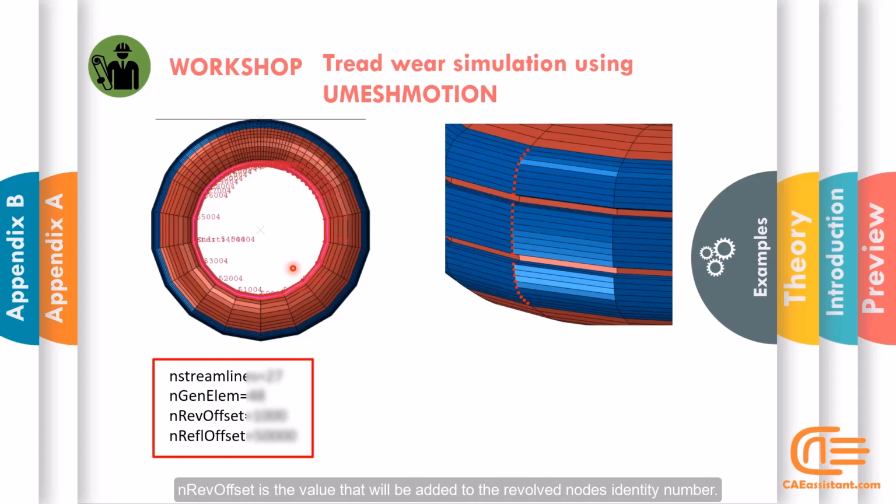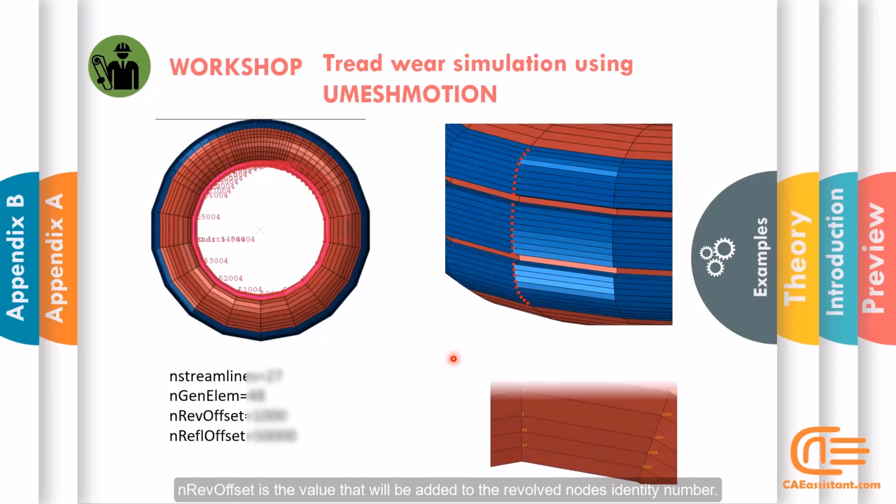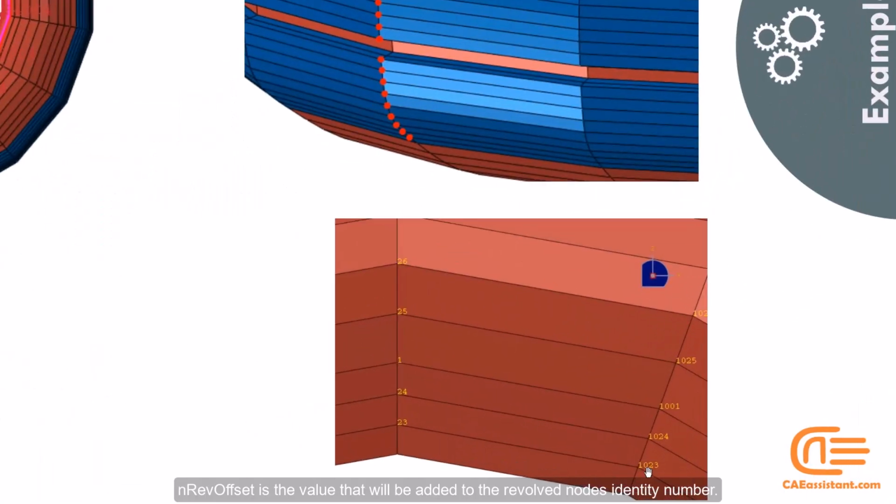NRV offset is the value that will be added to the revolved node's identity number. NREF offset is the value that will be added to the reflected node's number.